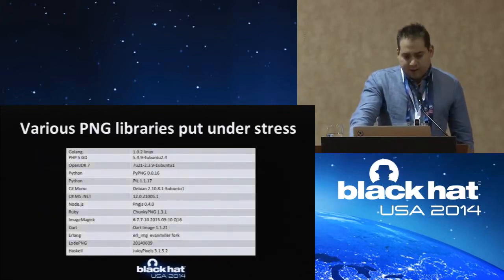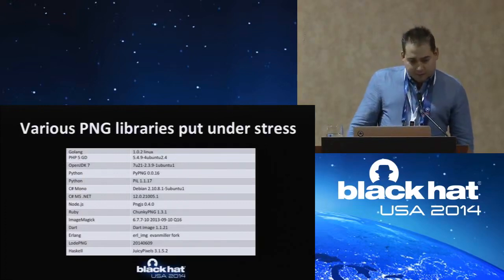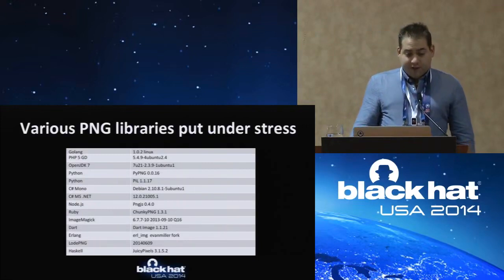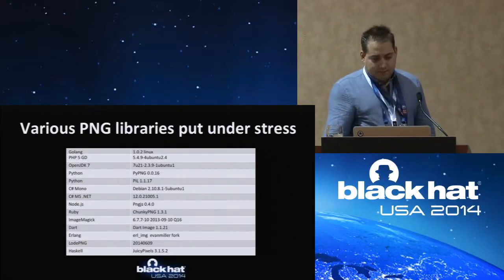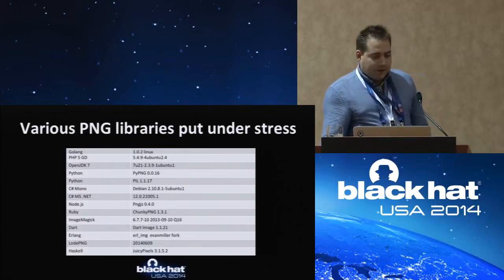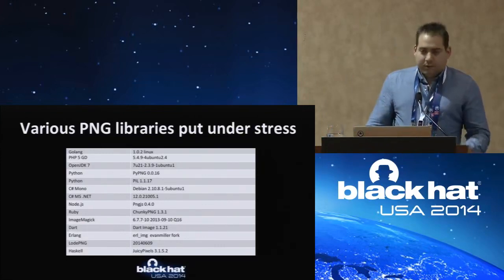So which libraries did I try? I tried Golang, PHP 5 with GD, the image library, OpenJDK 7. For Python, I tried with PyPNG and Python Imaging Library. I tried C#, the Mono version and the official Microsoft version.